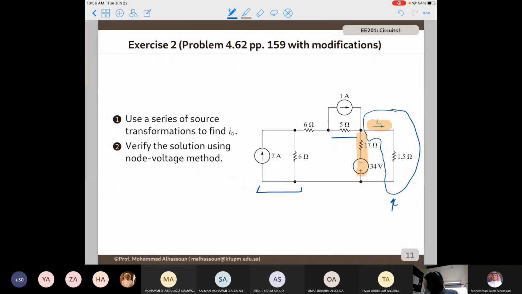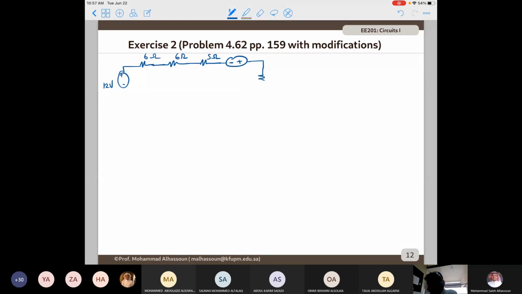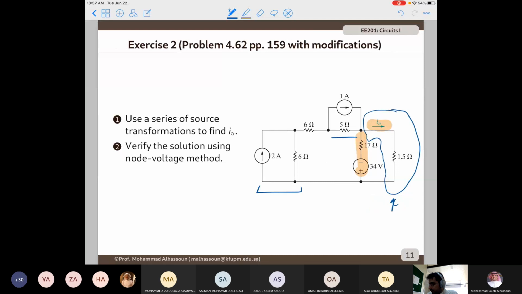Then here I have a 17 ohm resistor in series with the voltage source. So I can convert it into a resistor in parallel with a current source. And because of the polarity, the current source is pointing down.